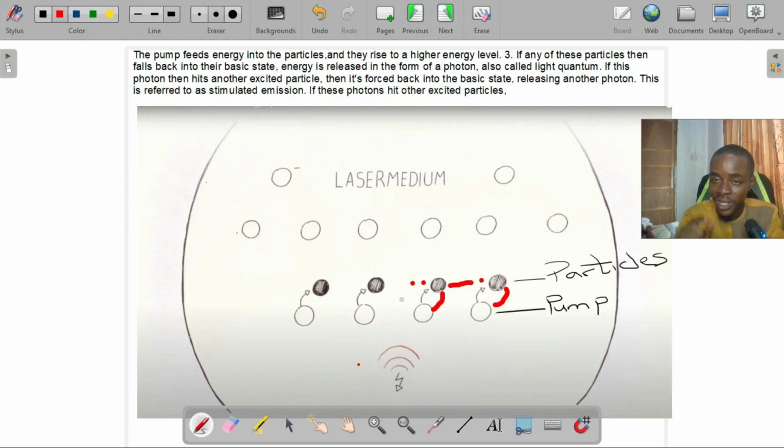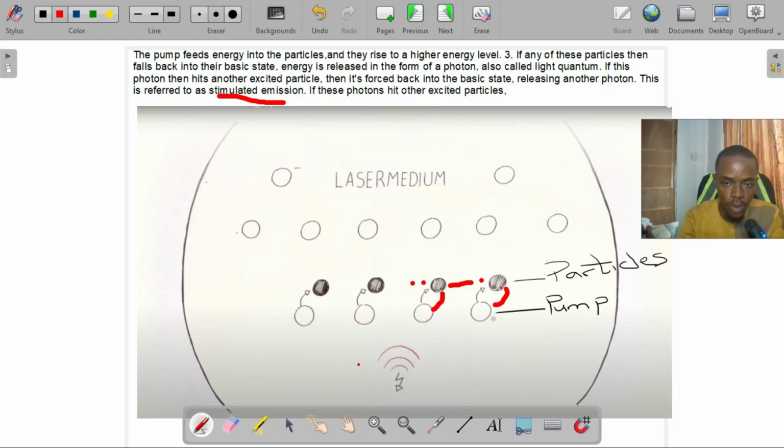Then it falls back into the basic state, releasing another photon. This is referred to as stimulated emission.